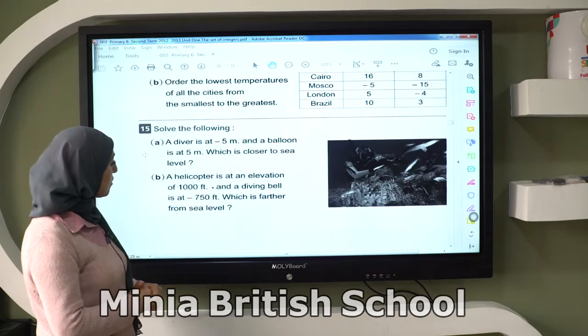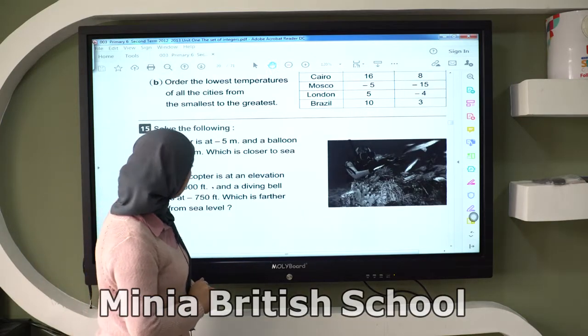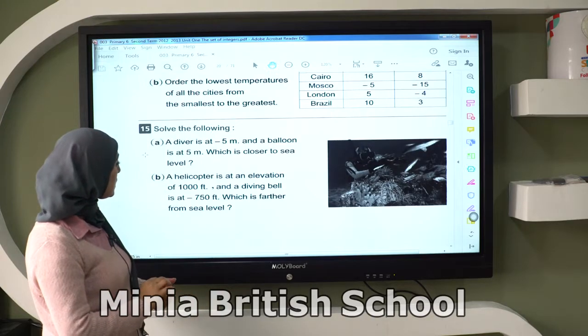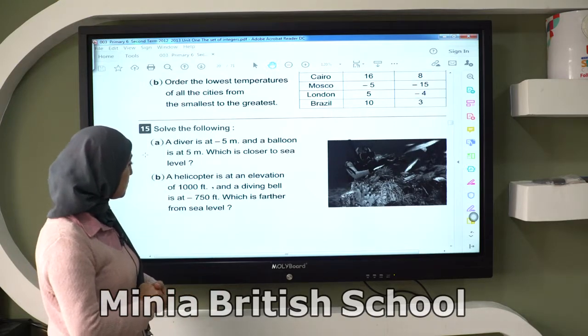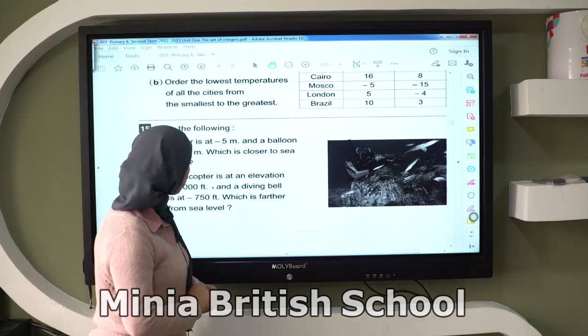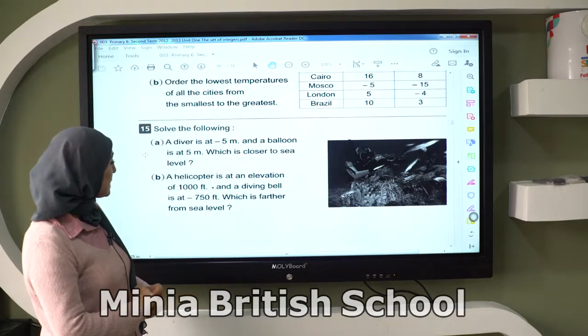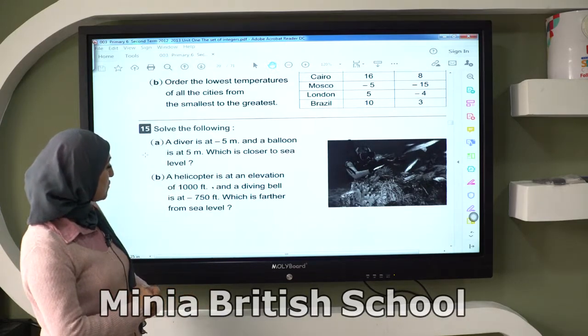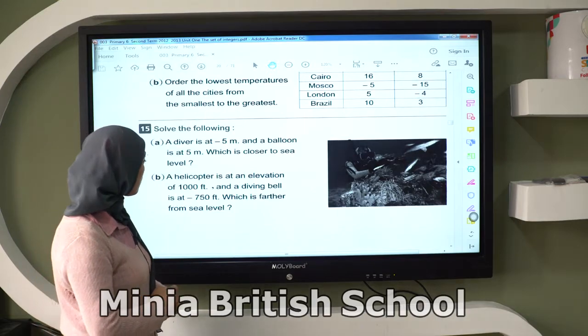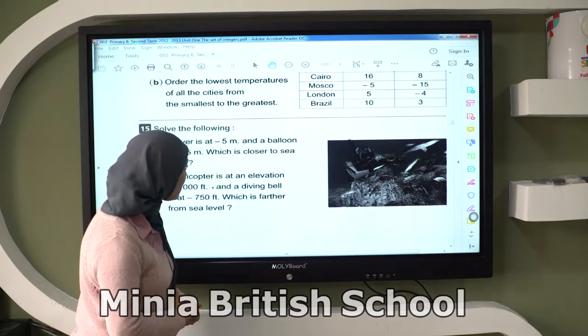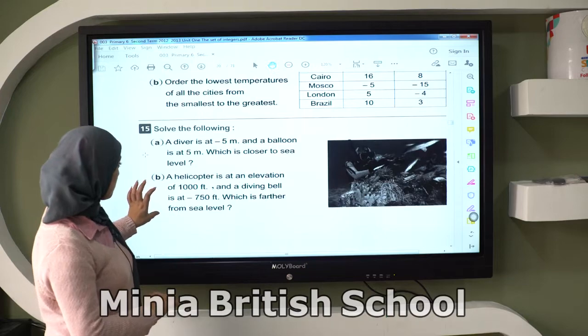Like, a helicopter is at an elevation of 1,000 feet, and a diving bell is at -750 feet. Which is farther from sea level?